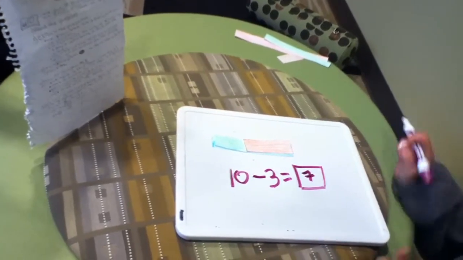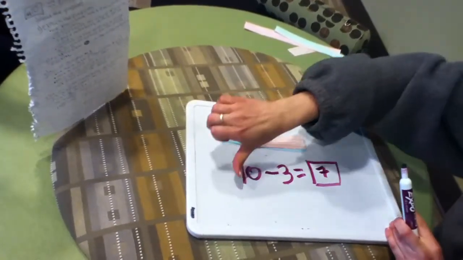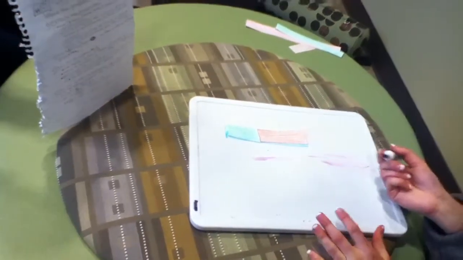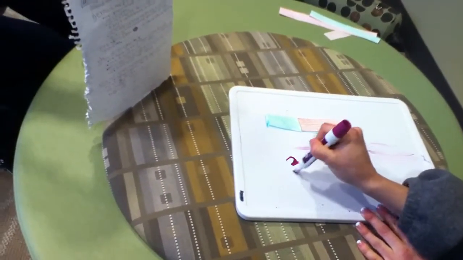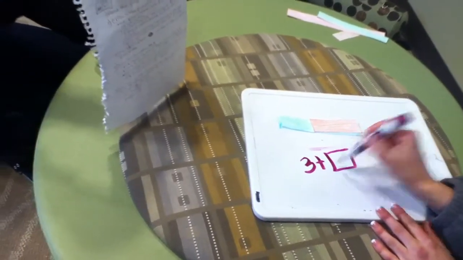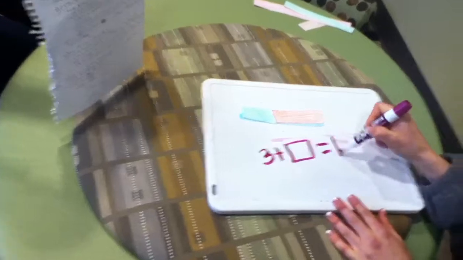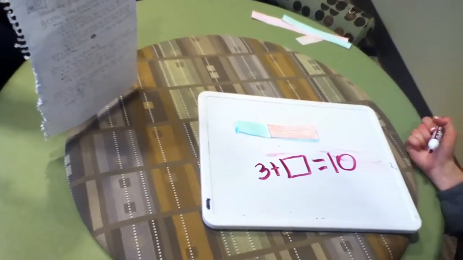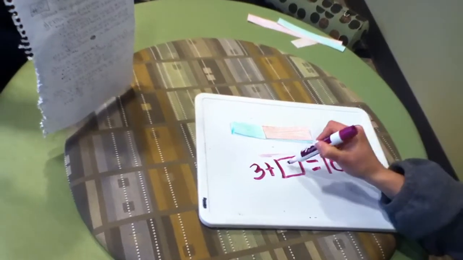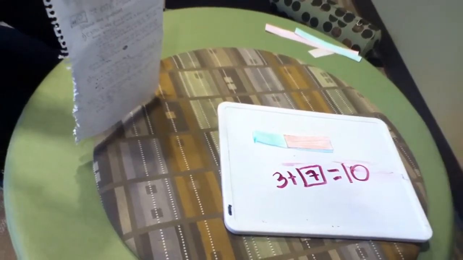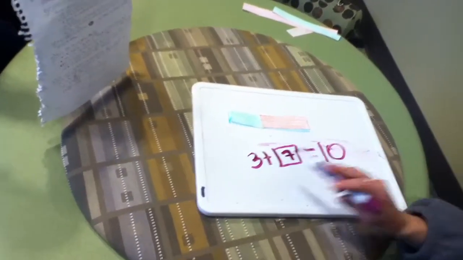That is one equation. The next equation would be something like this. 3 plus the missing part equals 10. Well, we found out that 10 minus 3 equals 7, so if we include 7 in the missing section, 7 plus 3 would equal 10.